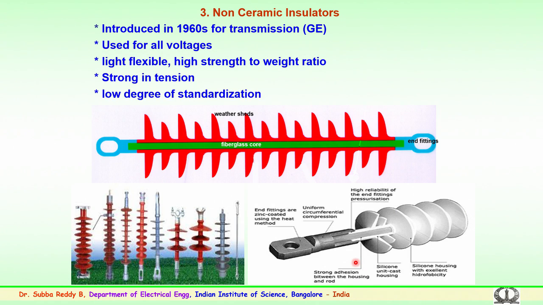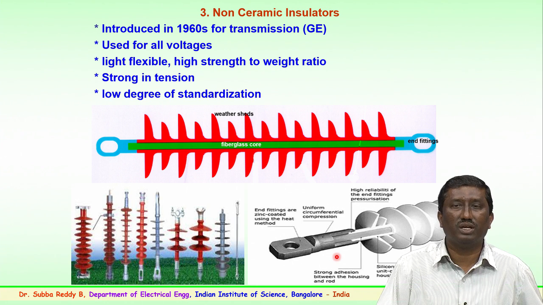So, the final or the recent origin is the non-ceramic insulator, or the polymer, or composite, or silicon rubber insulator, which are the terminologies being used. These non-ceramic insulators are of recent origin and advanced technology, particularly in the insulator field.